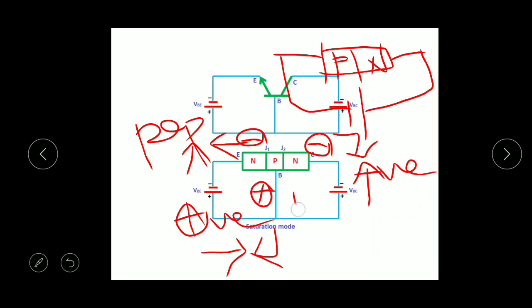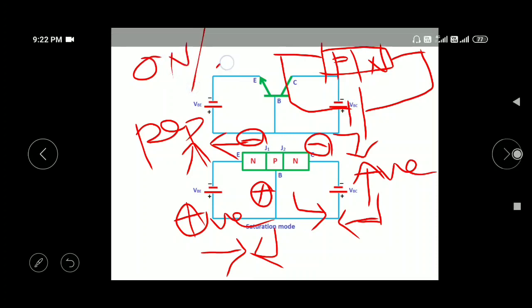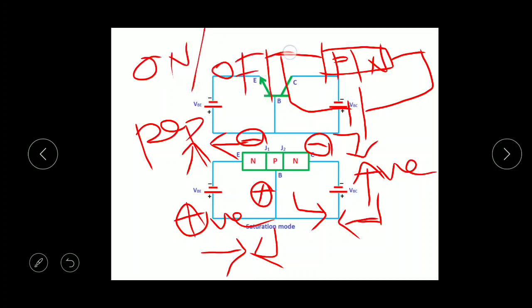The same thing occurs between the base and the region to which the charge is applied. Due to this, no charge is majorly transferred through the transistor. This condition may be either on or off state, so it is called saturation mode.